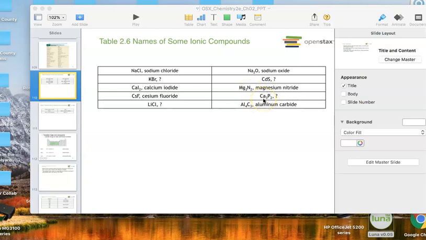So Ca is calcium. P is phosphorus. Phosphorus becomes phosphide. So calcium phosphide. Al4C3. Al is aluminum. C is carbon. Carbon becomes carbide. So aluminum carbide is the name for that.